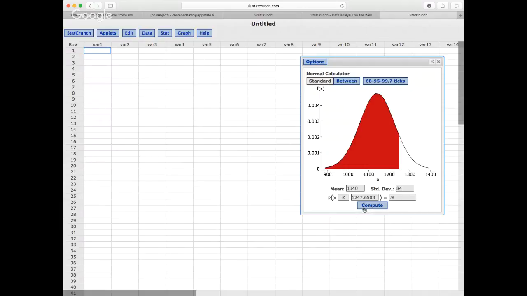Okay. One more question. Using my 68, 95, 99.7 rule, fill in the blank here. All but 0.3% of cattle have weights between blank and blank. So let me switch back again. Sorry, everybody.